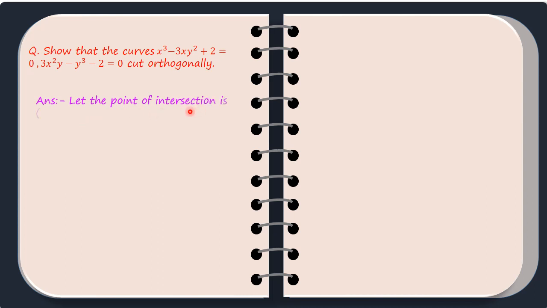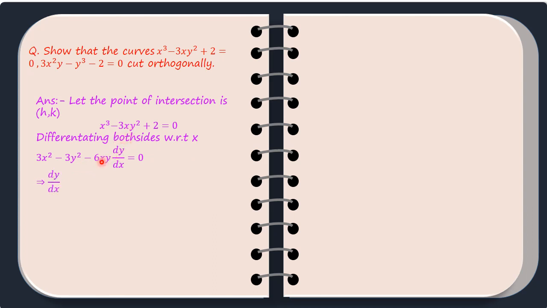So let the point of intersection be h comma k. Then taking the first equation, that is x cube minus 3xy square plus 2 is equal to 0, differentiating this equation on both sides with respect to x, we will find 3x square minus 3y square, and then differentiating with respect to x, minus 6xy dy/dx is 0.